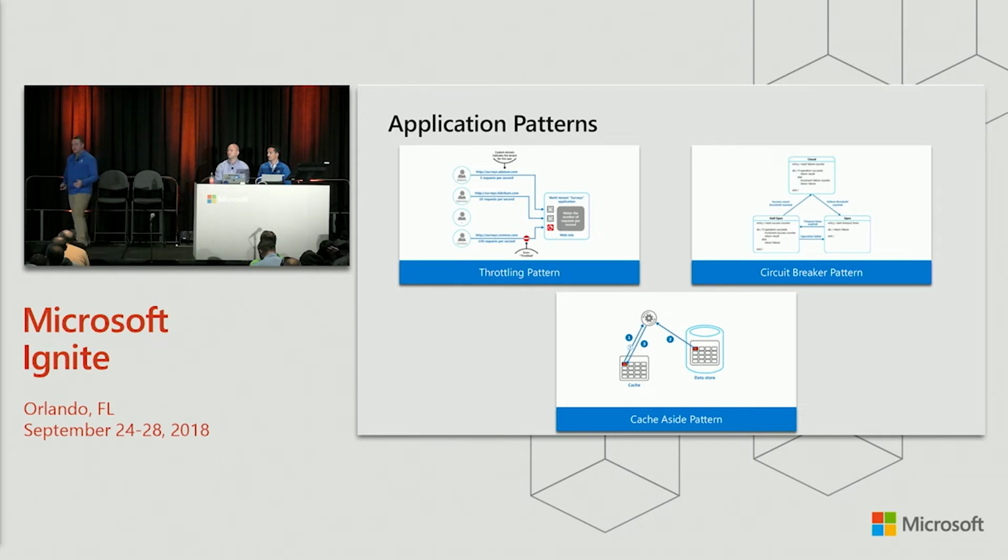And then we've got cache aside. Cache aside basically deals with how to do write-back caching in an environment which has multiple consumers. So I go and look in the cache first to see if the data that I need is present. If it's not present, I go and fetch it from the store and put it in the cache. So I write it in on query.